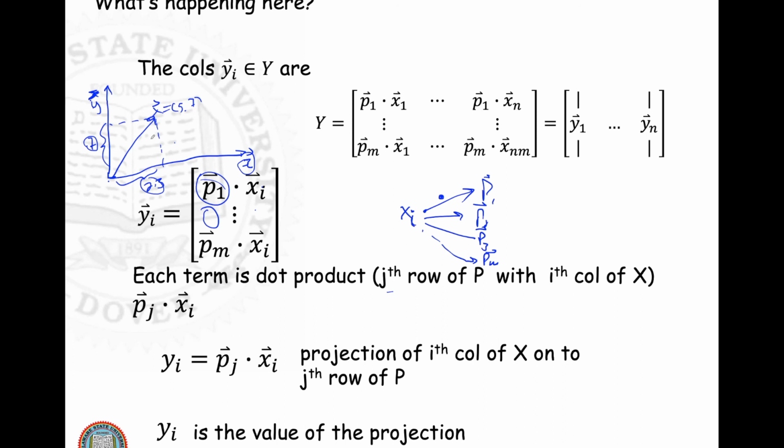So I could represent this as being 2.3 in this direction and 7 units in that direction. So that's what it means to do this projection. And so this y is the new value that you get when you project this x along these two other vectors y and z. And so the yi column is the result or the value that you get when you do this projection.